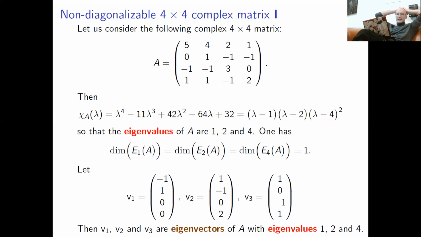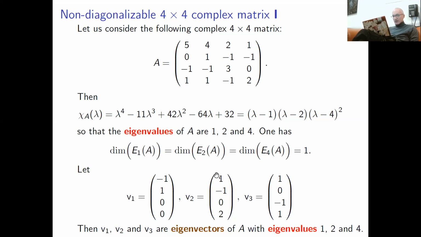We can say, okay, why is this matrix not diagonalizable? This matrix is not diagonalizable because we cannot find 4 linearly independent eigenvectors. But we can actually find 3. We know that this kernel is one-dimensional, this kernel is one-dimensional, this kernel is one-dimensional. So it means we can take a basis of each of these kernels. In this case, the basis of this kernel is just this vector v1.